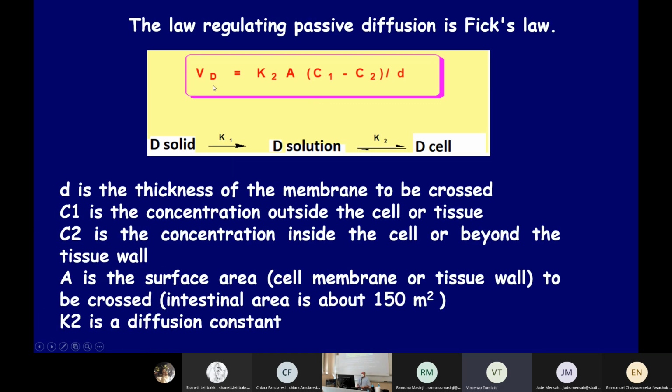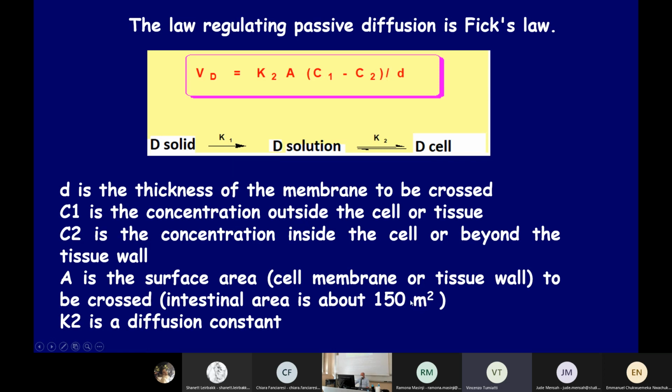In this formula, you see the Fick law. The speed of absorption depends on a constant, K2, the area. You know, the intestine area is about 150 meters square.